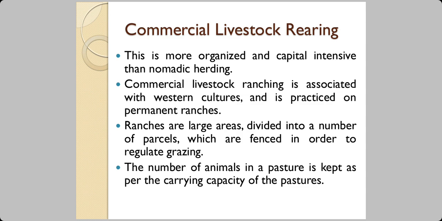This is the purpose of livestock rearing on commercial scale. So commercial livestock ranching is associated with Western cultures and is practiced on permanent ranches. Why does the textbook say it's associated with Western cultures?